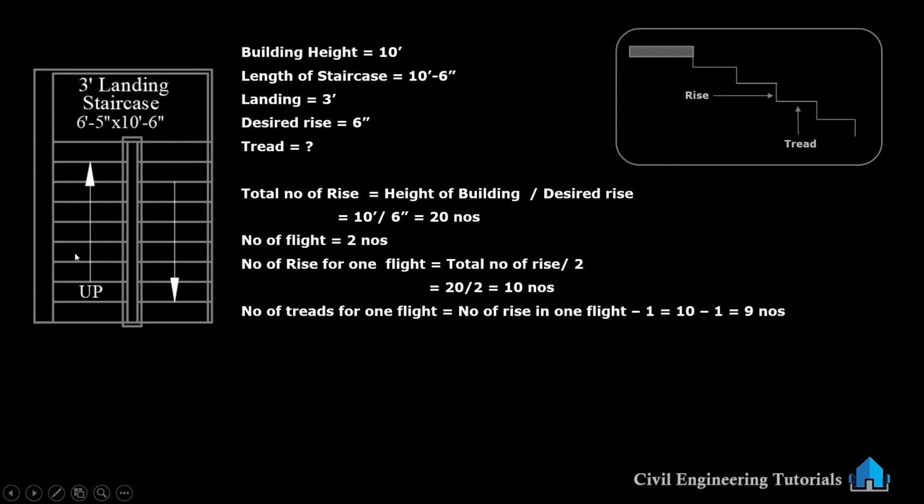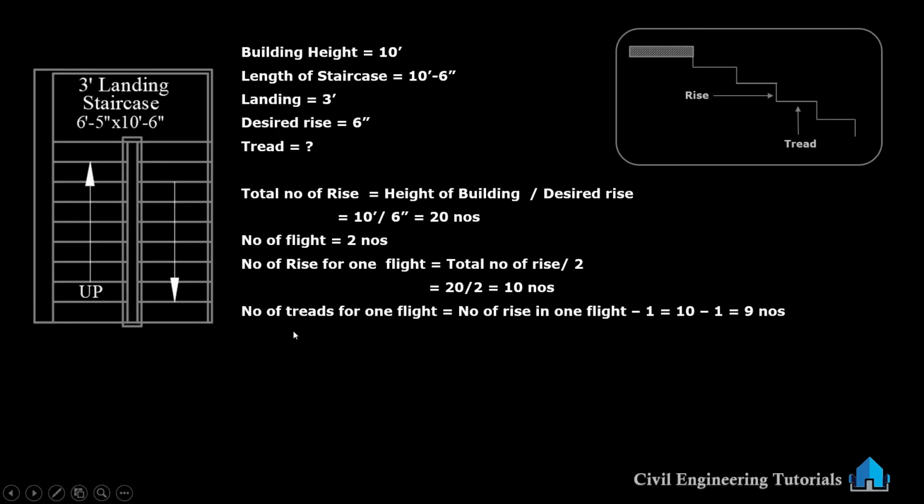So when we are calculating total number of treads for the total staircase, we have to consider this landing also as one tread. So 1, 2, 3, 4, 5, 6, 7, 8, 9, 10, 11, 12, 13, 14, 15, 16, 17, 18, 19. So 20 minus 1, it will be 19 number of treads.